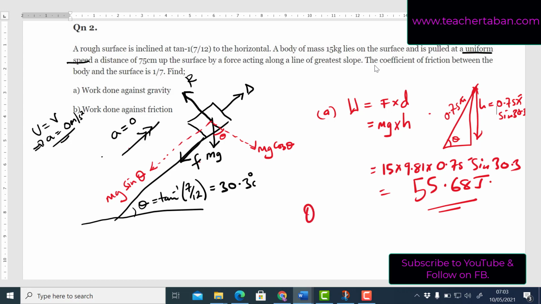Alternatively, we can do this. We can simply say that since work done is the force times the distance moved in the direction of the force, assuming the body is starting from here and ending up here, the distance that has been moved is 75 centimeters.